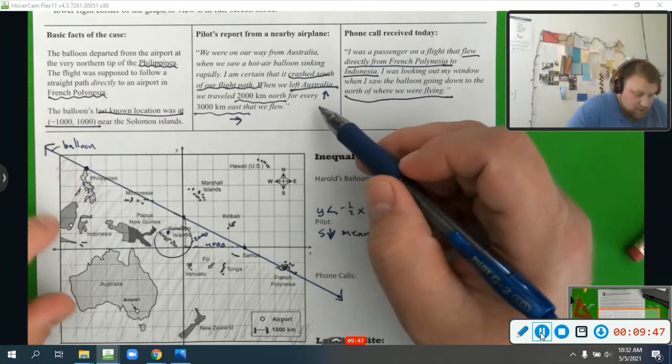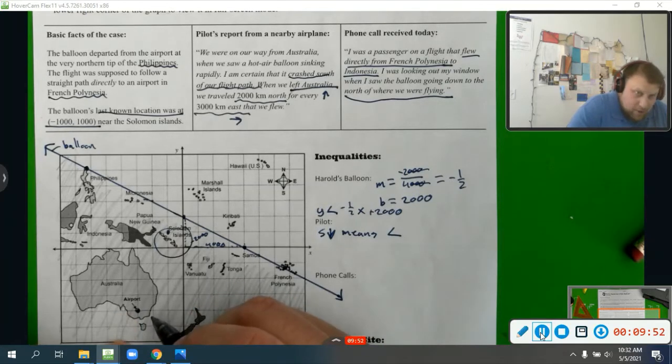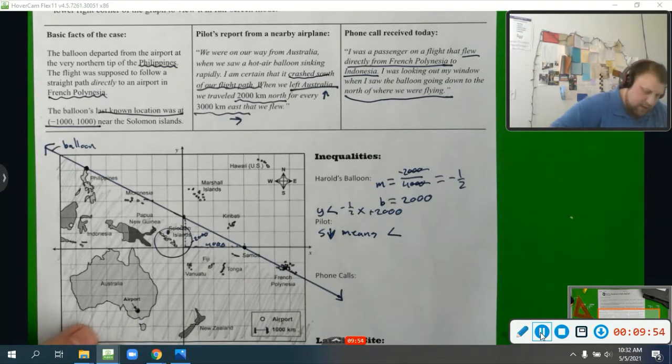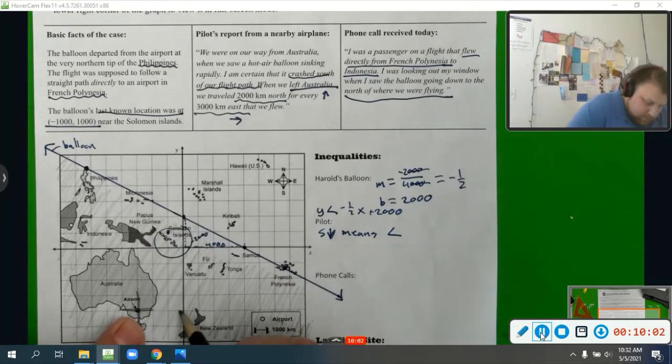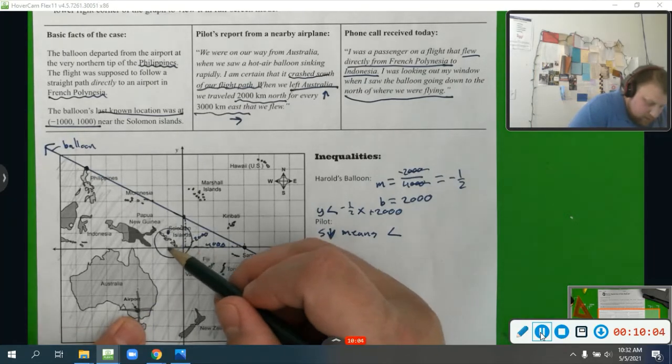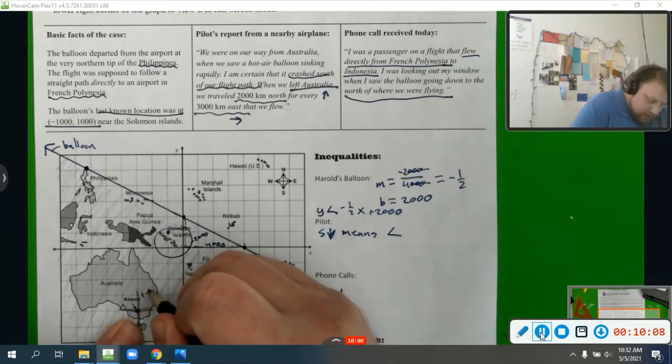When we left Australia, so we left Australia right here. And notice Australia is at a perfect lattice point. What do I mean by lattice point again, guys? See this little grid line? This grid line meets right there, right? This is exactly the point, what? Negative 1, 2, 3, 4. So that's the point, negative 4,000.